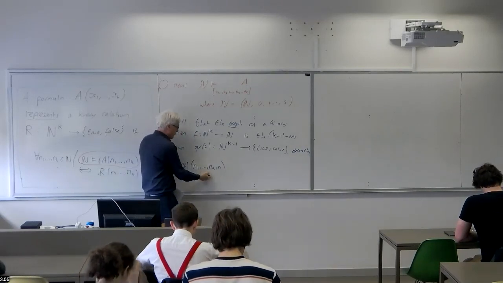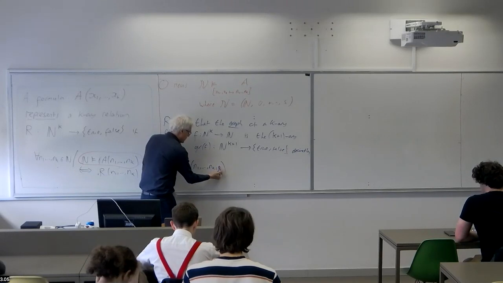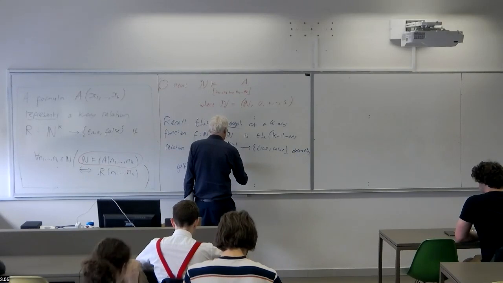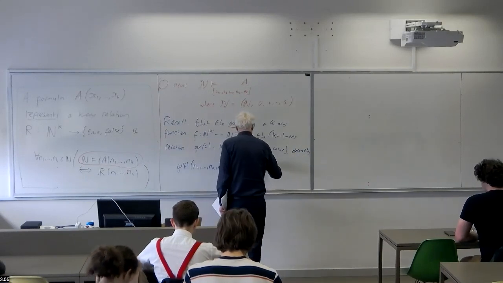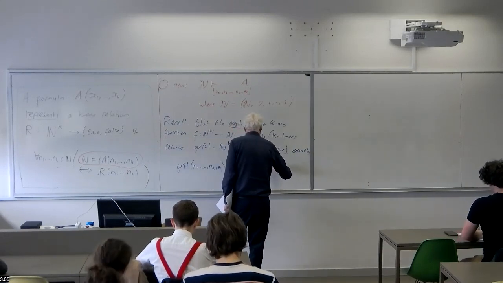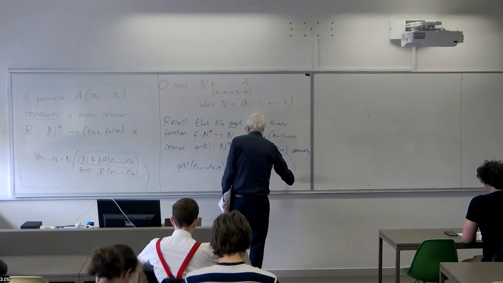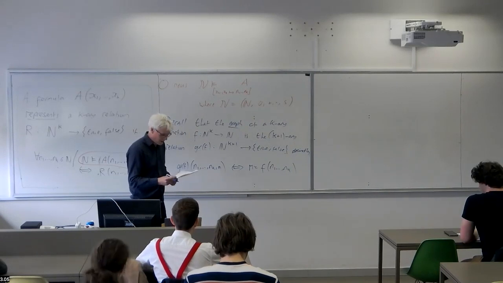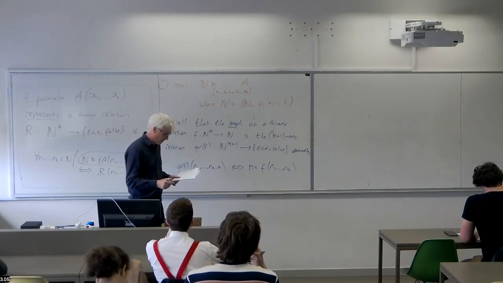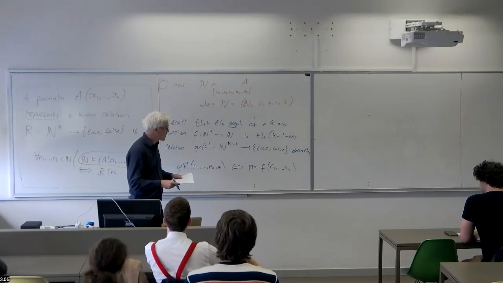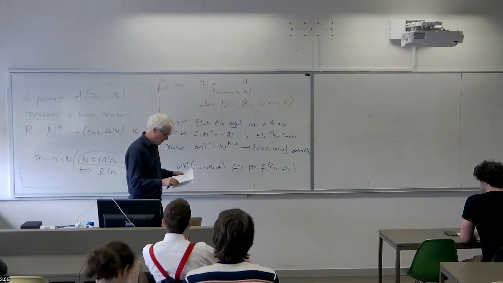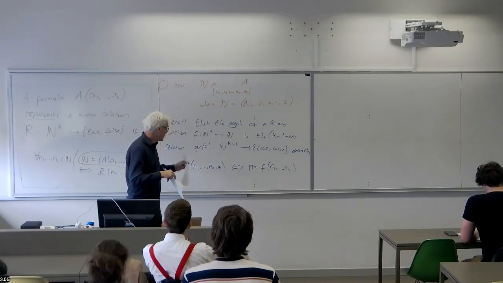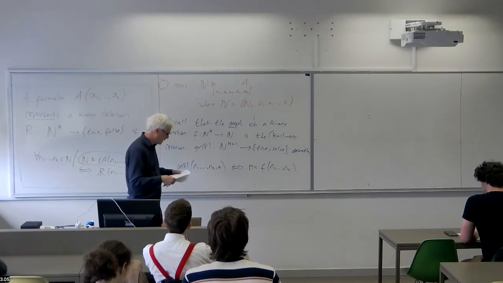The graph of the function is true for a k plus 1 tuple n1 to nk and m if and only if m is the result of applying f to n1 to nk. Hopefully we should have all seen this concept before a long time ago in Logika, or in some related course if you're not from Vienna. So that's the graph of a function.